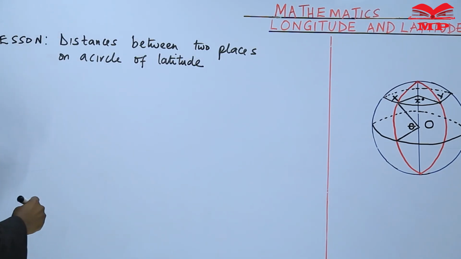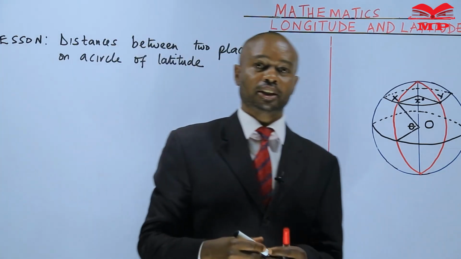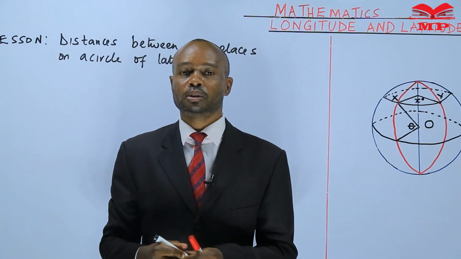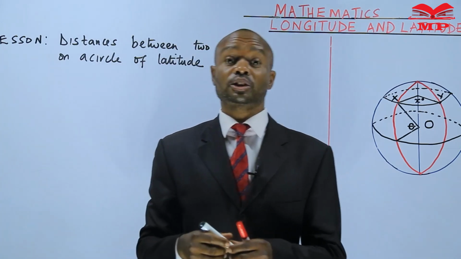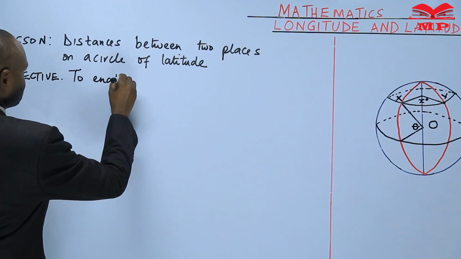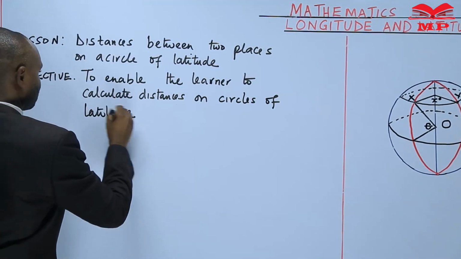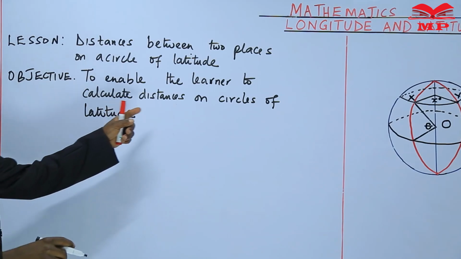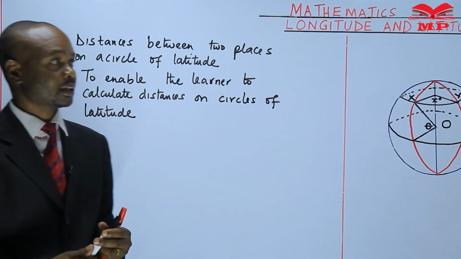The objective of this lesson is to enable the learner to calculate distances on circles of latitude.